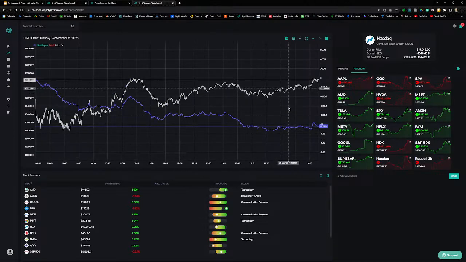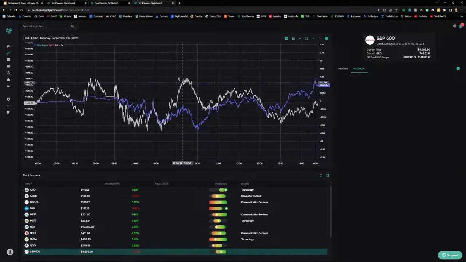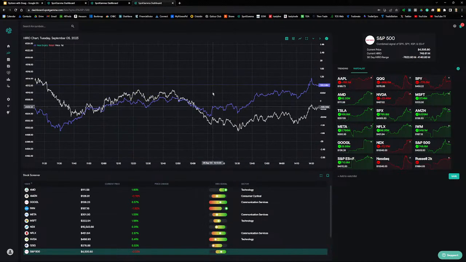So for Nasdaq, options traders are not providing much of a clue today. On the other hand, for S&P 500, they're providing a key or pretty substantial clue, helping to drive price higher and lower throughout the trading day so far.